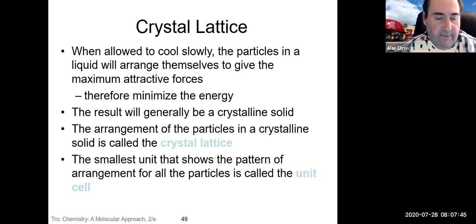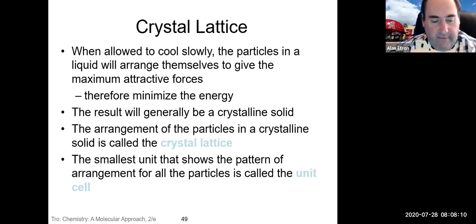And when they move around and get themselves into that optimal position, they will typically minimize their energy. And in chemistry, as we've talked about, lower energy is good. Things like to be in the lowest state of energy, which is the most stable.